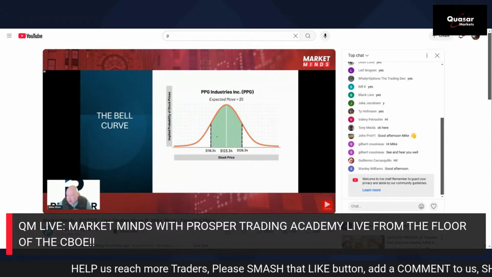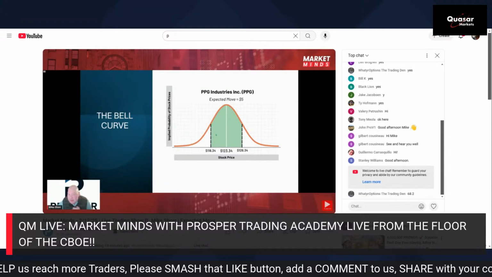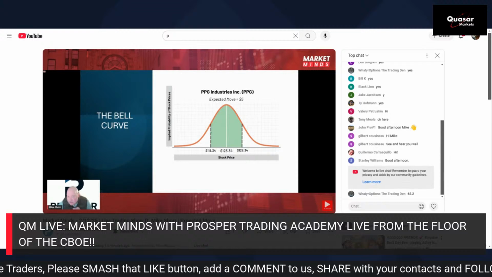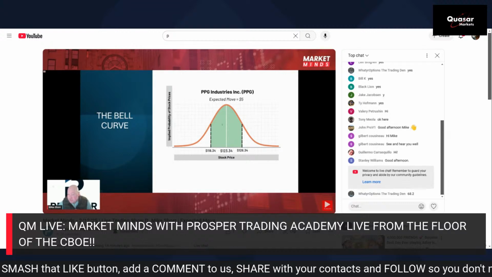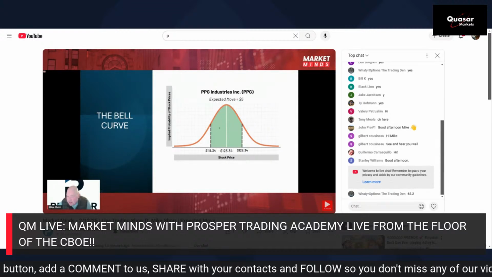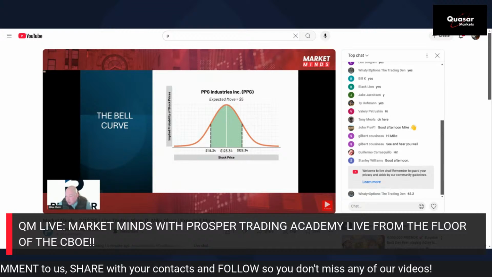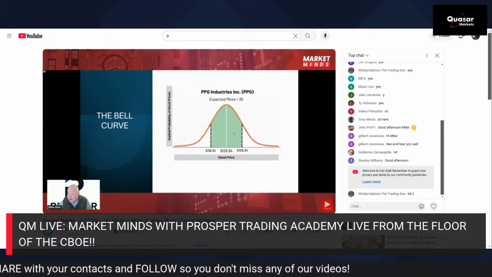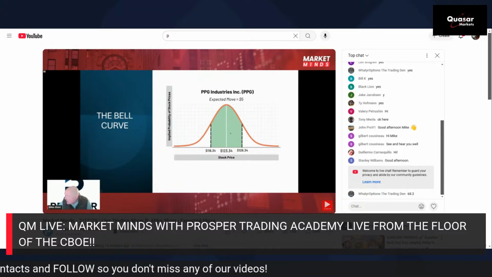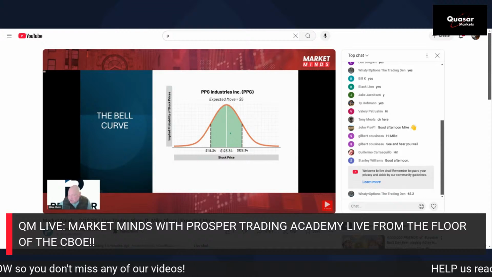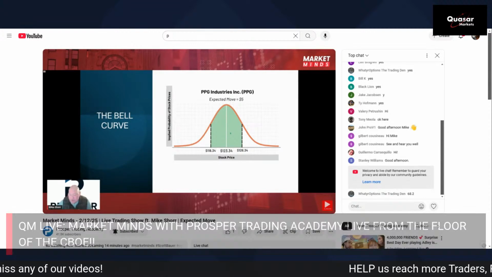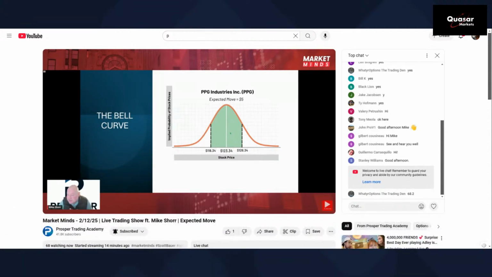And that means that we are going to be either above the level of the expected move, let's just say the expected move is $5, or below this move, which is $5, statistically 68% of the time. Two standard deviations would be approximately 95% of the time.